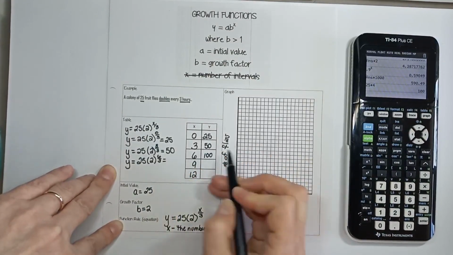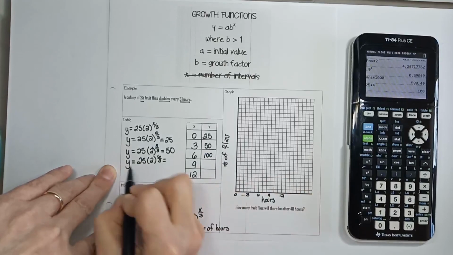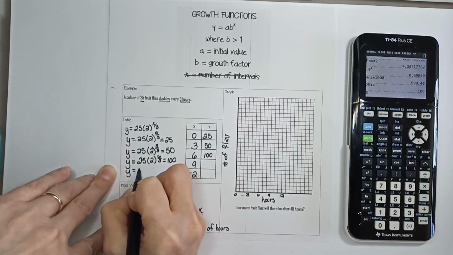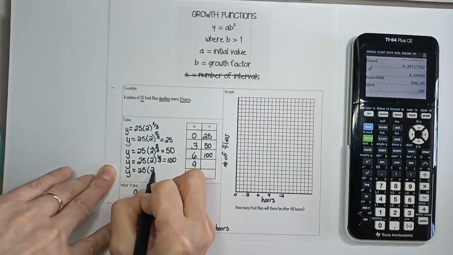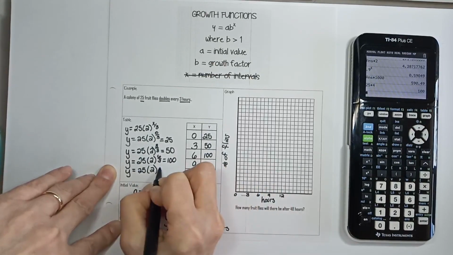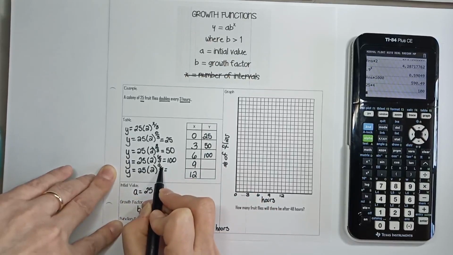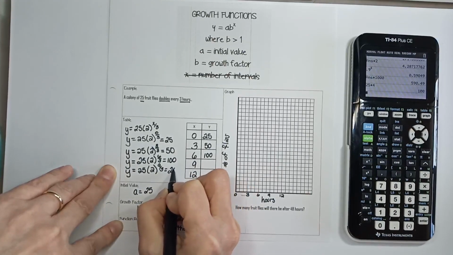You can see this is just doubling. So that equals 100. Y equals 25 times 2 to the 9 over 3, which is 2 cubed, 2 to the third power, which is 8. 25 times 8 is 200.